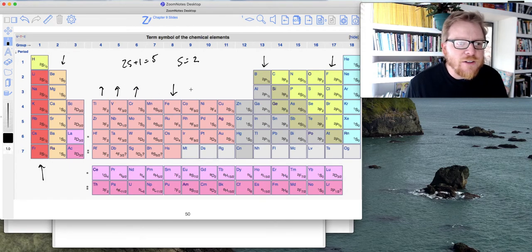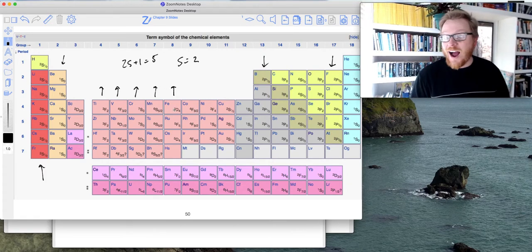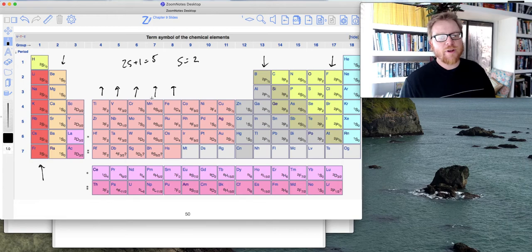Oh, wait, I can't do math, can I? No, I can do math. 1, 2, 3, 4, 5, plus 1/2. I was confusing myself because of the way I drew that arrow. Let's get rid of that arrow. Okay, plus 1/2. So for iron, it should be 1, 2, 3, 4, 5.